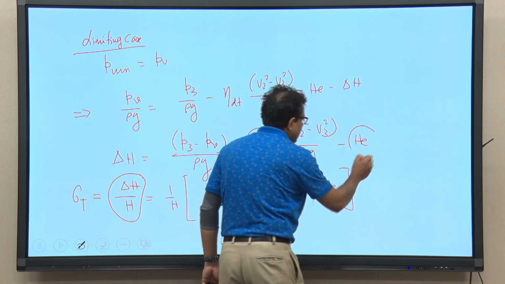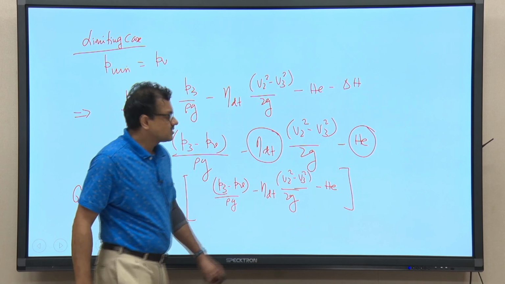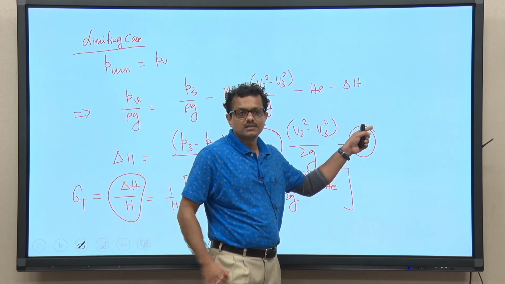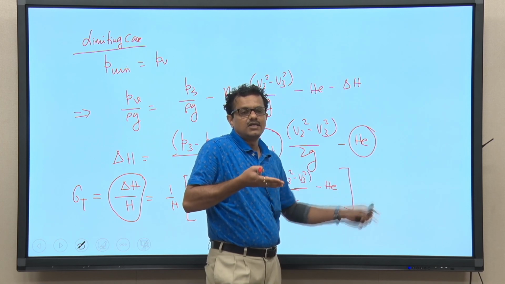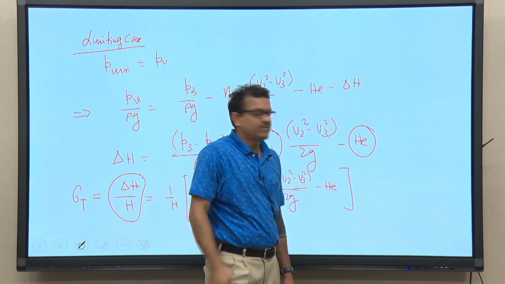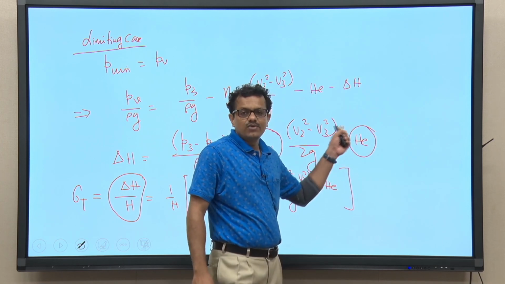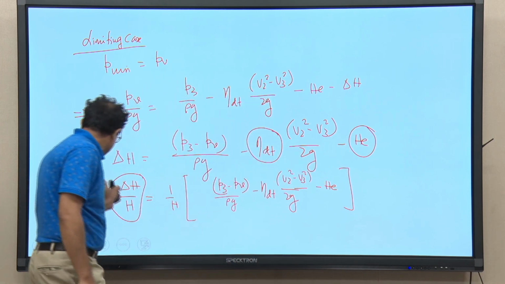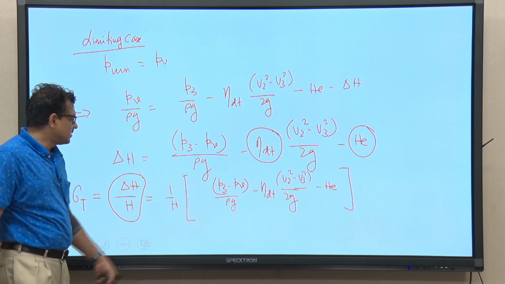This should not be very high, because if it becomes very high, we can place the turbine sufficiently above the tail race level, but again we are going to invite another problem of cavitation. So, this quantity is known as the Thoma cavitation factor.